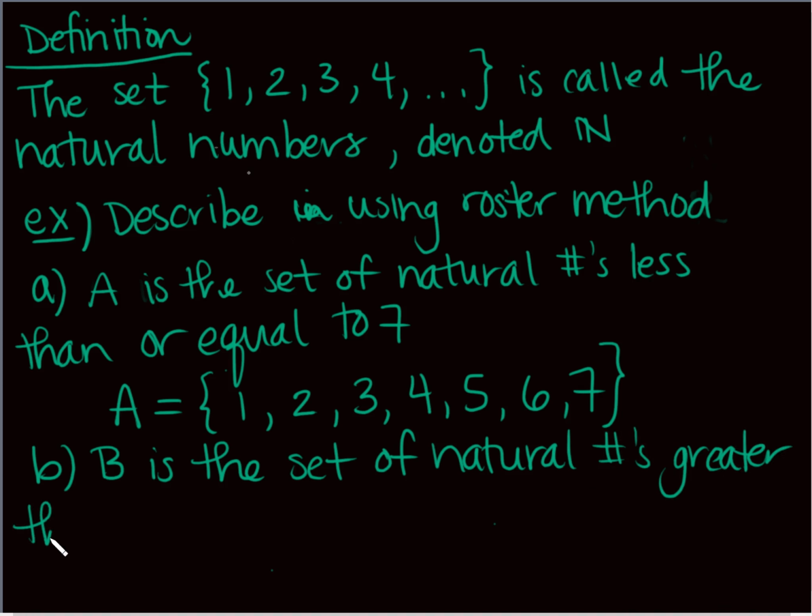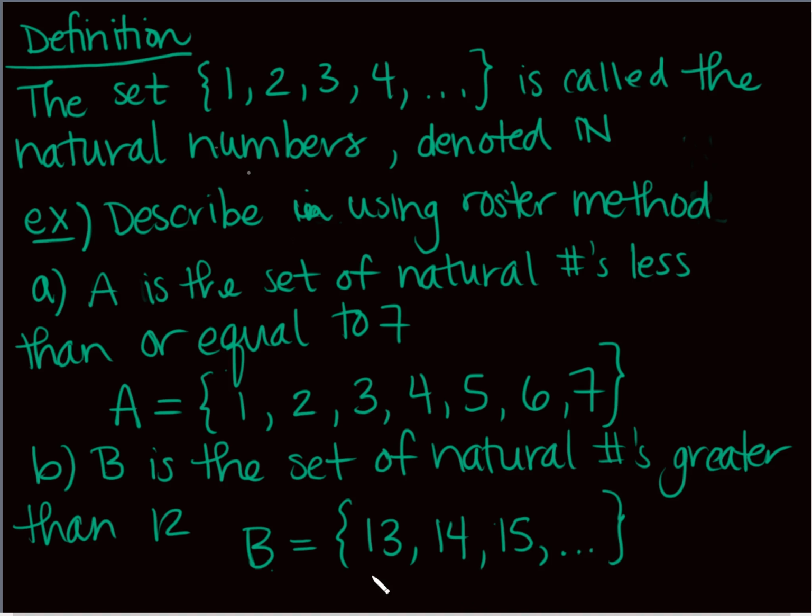So in A, I could actually list every element of that set, but for B, I won't be able to do that because the natural numbers are infinite. And I want strictly greater than 12, so I'm going to start with 13. I also could have said B is the set of natural numbers greater than or equal to 13, and those would have been equal sets, because they would have had the same elements.